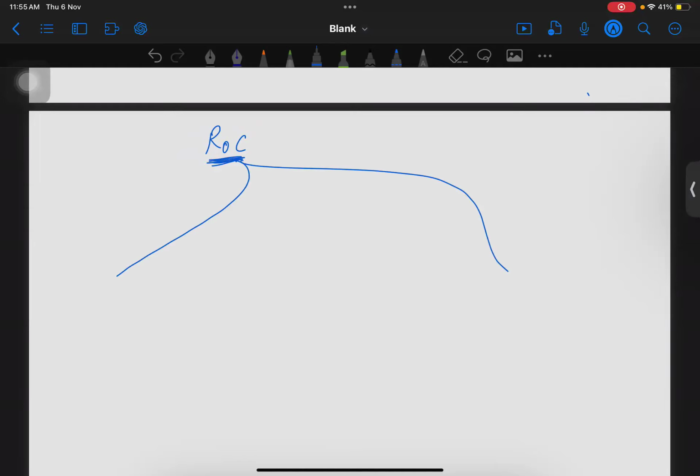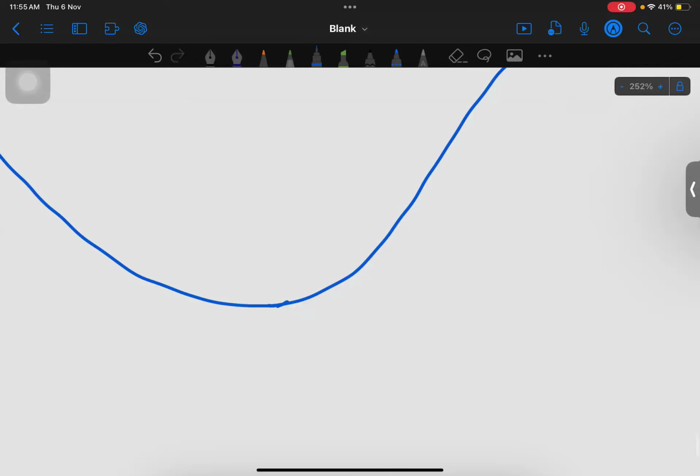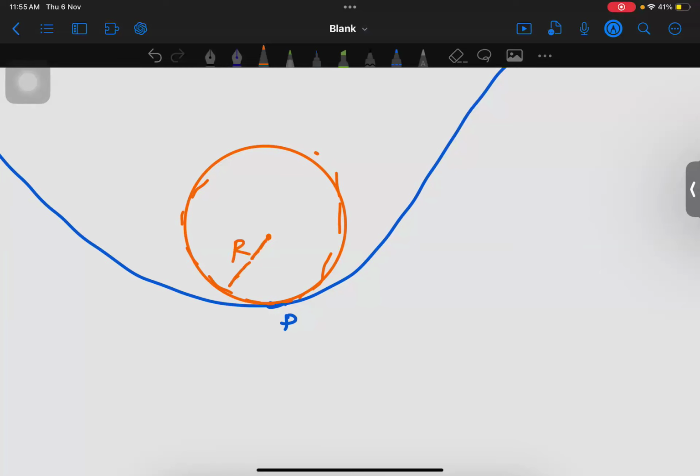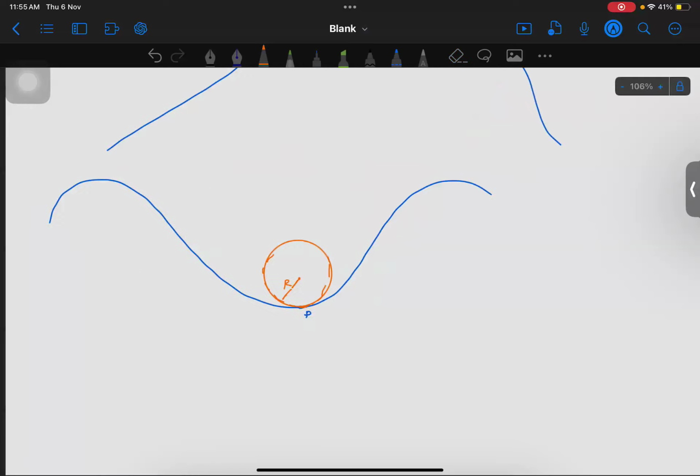What is the radius of curvature? Any particle which is moving on this path, or even if it is not moving, this path at this location can be considered part of a circle. And finding out the radius of this particular part of the curve is known as the radius of curvature.